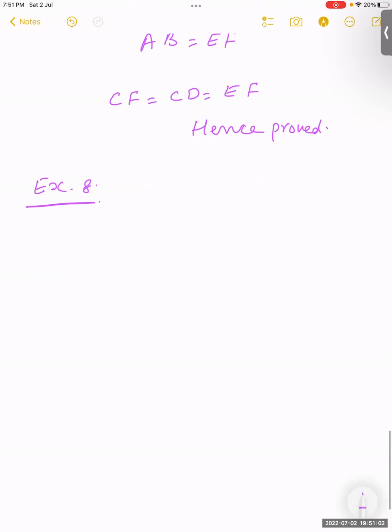So example 8 is here. You have to draw a square first. Okay, square is ABCD. Now, what is PQ?